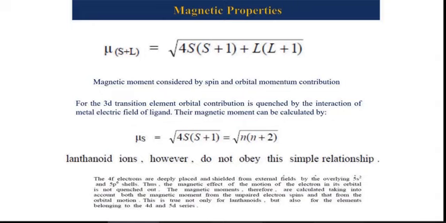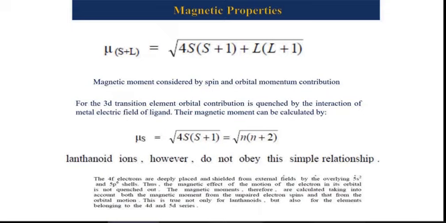Basically, the magnetic property of any chemical substance results from the fact that a moving electron acts as a micromagnet. An electron has two sorts of motion: orbital motion and spin motion. If the electron is moving around the nucleus, that is considered orbital motion, and if the electron is moving on its own axis, it is called spin motion. These two contribute to the magnetic behavior of any species.